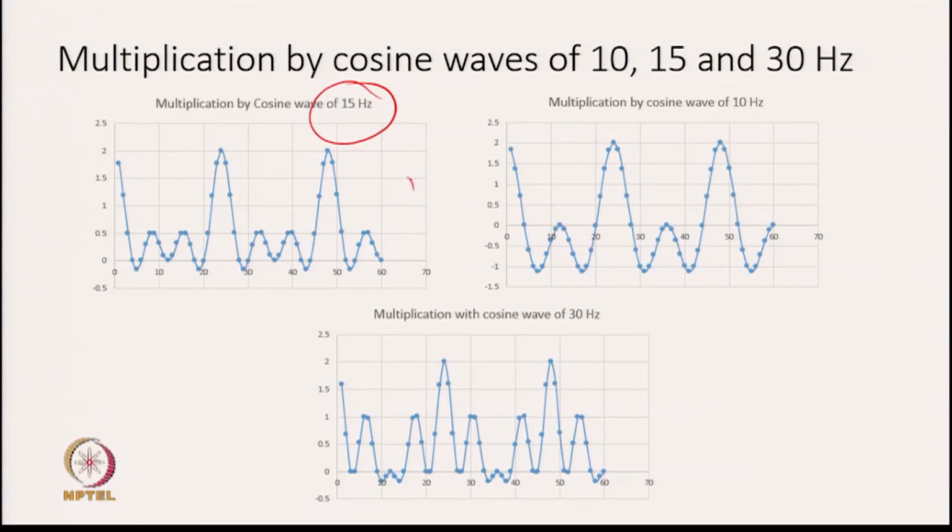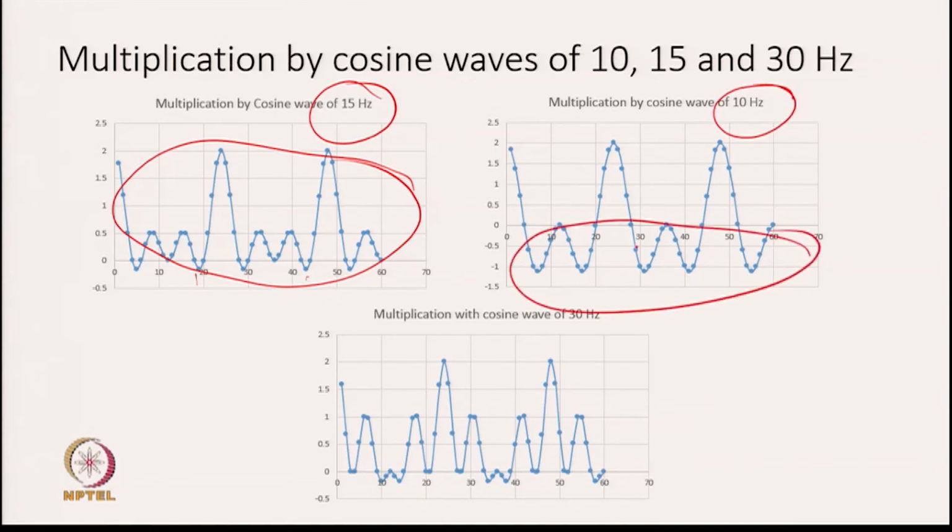You see, most of the time it is towards the positive side. At very small places it is going to be negative. But if I multiply by 10 hertz cosine wave, there is a lot of time it has a negative amplitude. When I multiply by 30 hertz cosine wave, then again it has positive value most of the time.